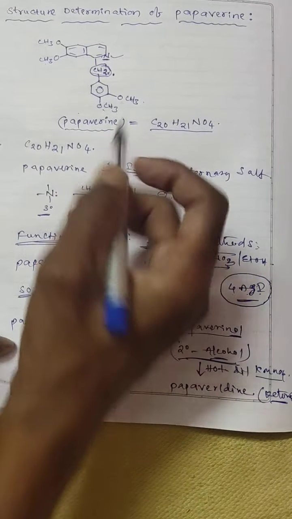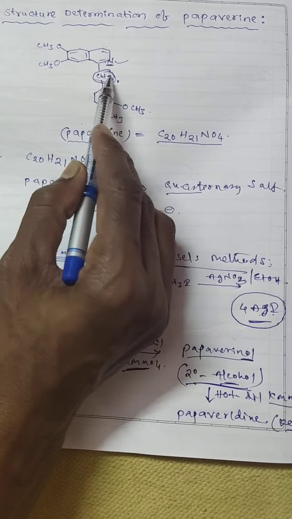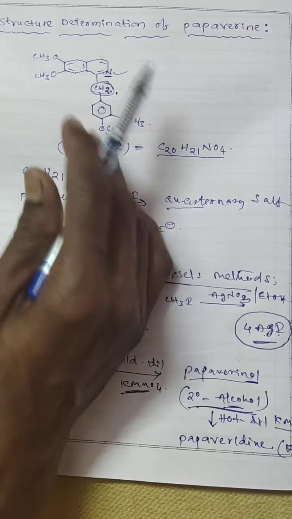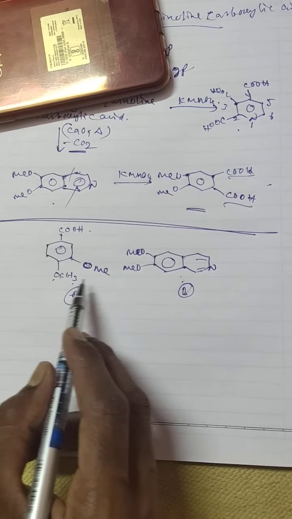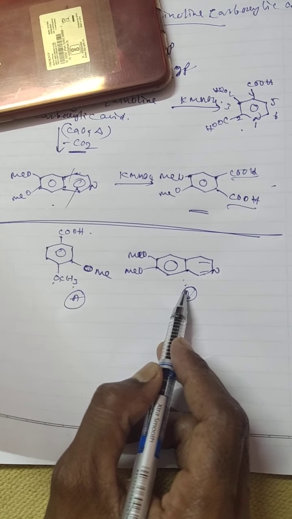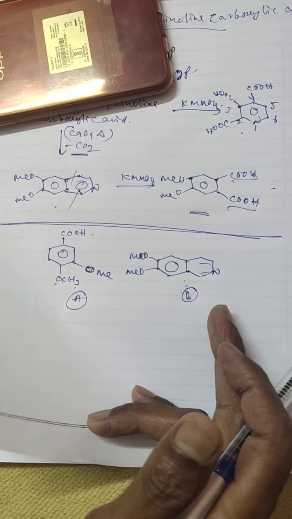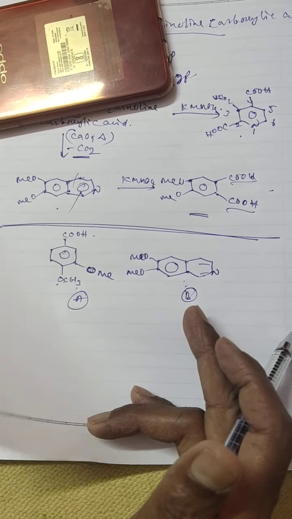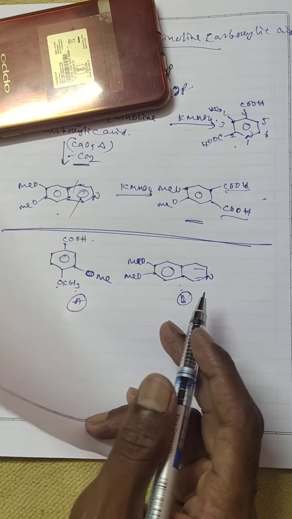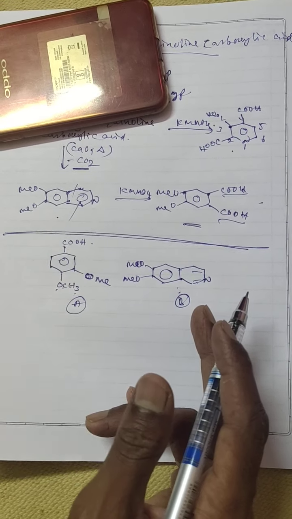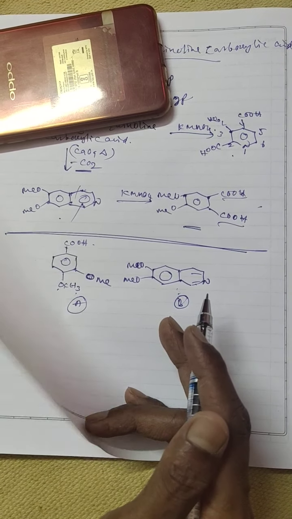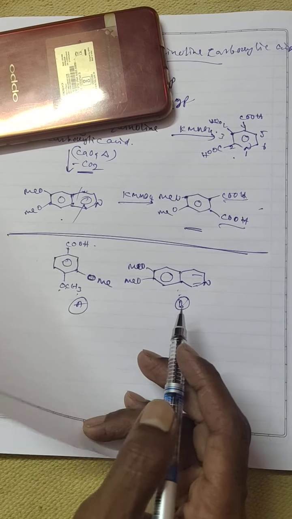So in papaverine, this is the compound B structure and the compound A structure, which is linked with a methylene group, right? The point of linkage of the isoquinoline nucleus is settled by the oxidation of papaverine to 6,7-dimethoxy isoquinoline carboxylic acid and also 2,3,4-pyridine tricarboxylic acid, like this.